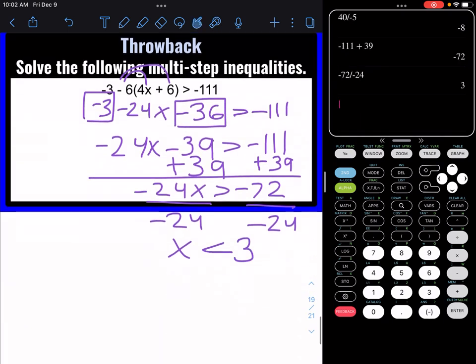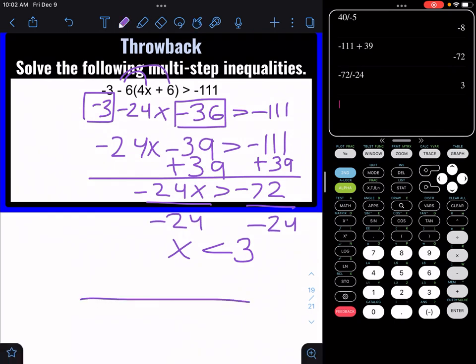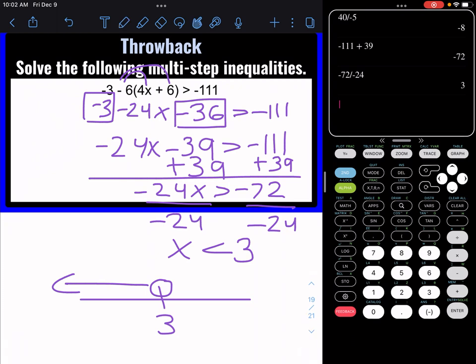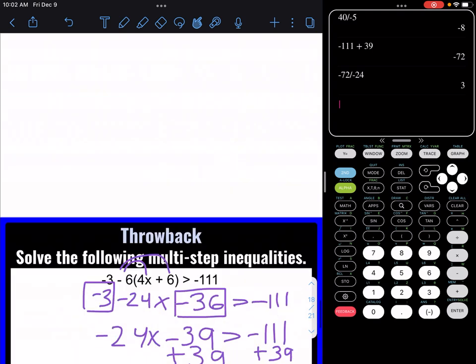Let's remember how to graph this. Because this is just a less than symbol, we use an open circle, and because it's less than, we go to the left. And if they ask you what are possible numbers for this, you need to name all the numbers under 3. So it could be 2, 1, 0. You can't say 3 though because it's not less than or equal to 3. And that's just a little review on solving multi-step inequalities.